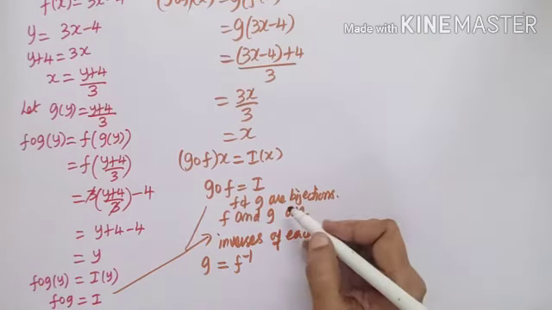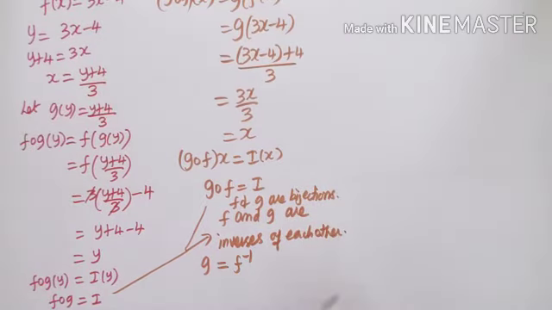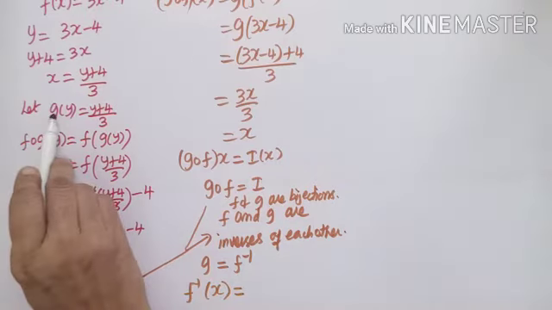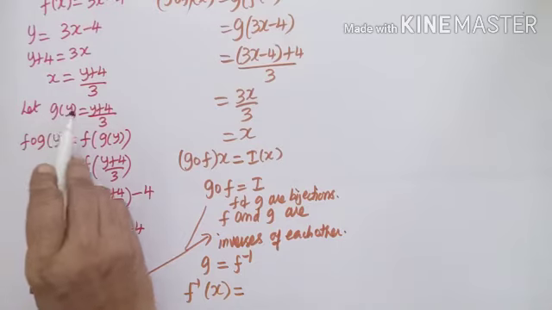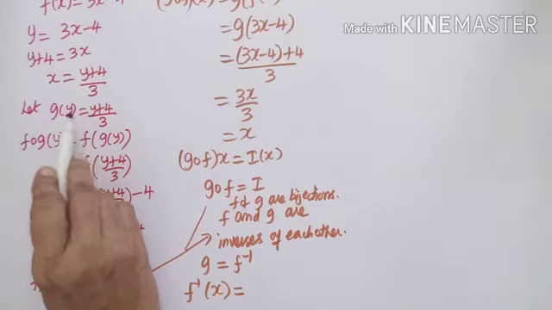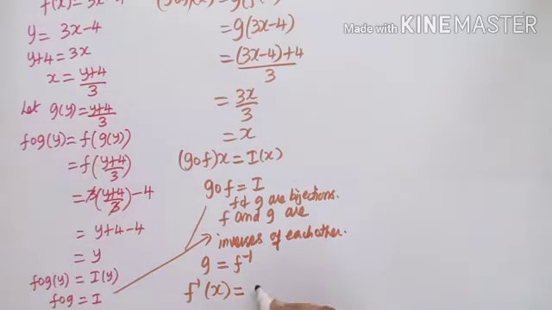They are one-one functions as well as onto functions. So we will write what is f inverse of x. In the place of g of y, wherever y comes, replace by x. So my answer is (x plus 4) by 3. We have completed finding the first part of the question.